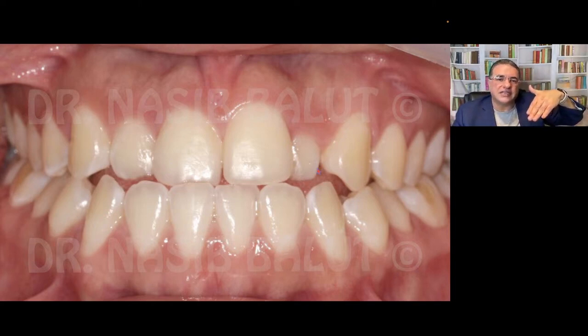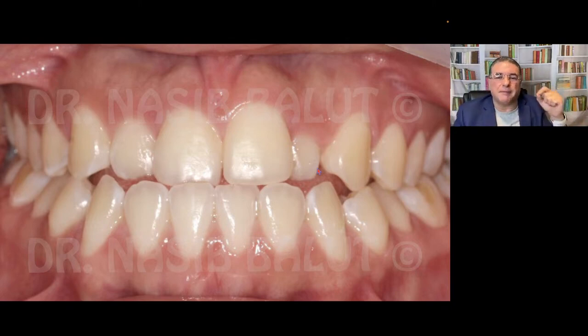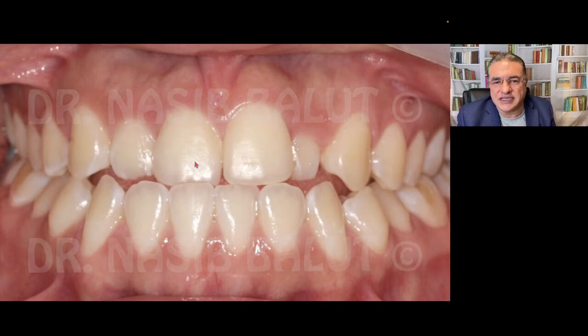The root will stay back. We have to add the low torque. Even though we have low torque brackets, in these cases we have to add low torque. So watch out with the amount of low torque that we're going to add. That's why it's very important that in the final stages of the treatment, we take another CBCT to evaluate our cortical bone before we debond the patient.